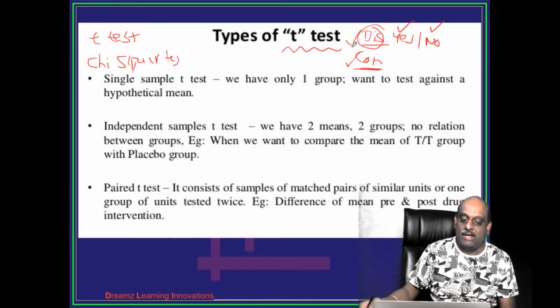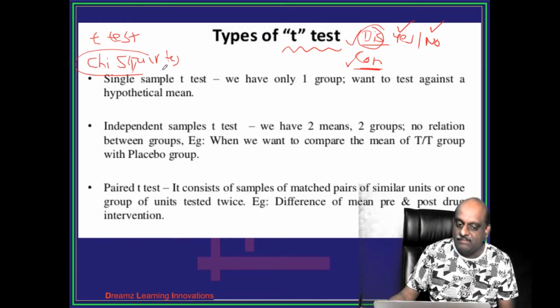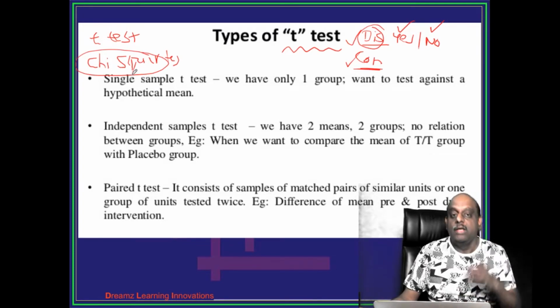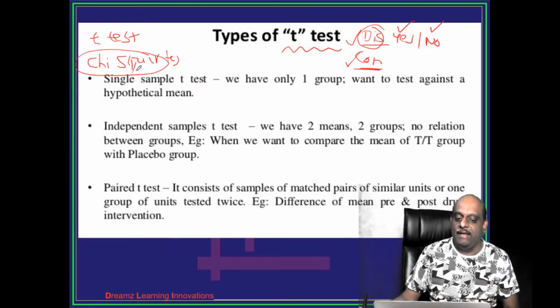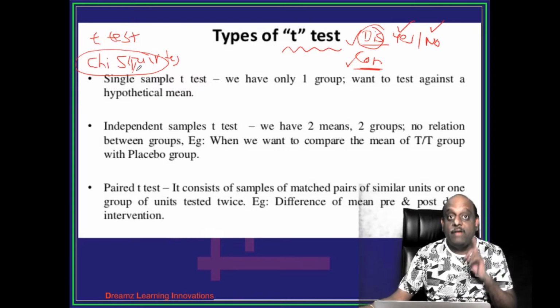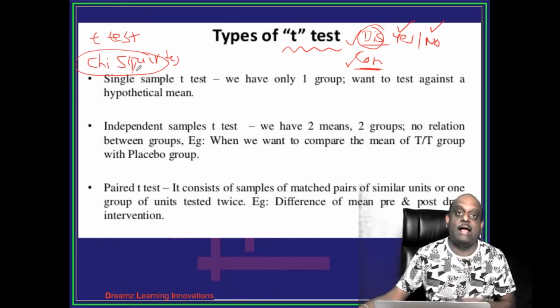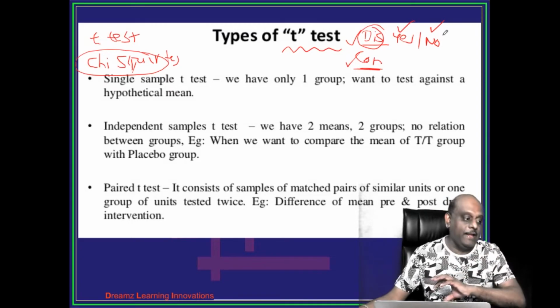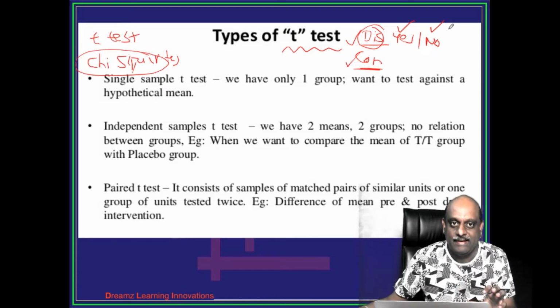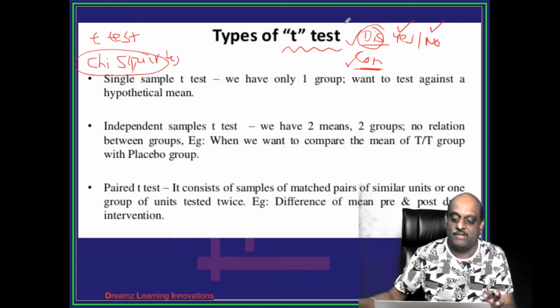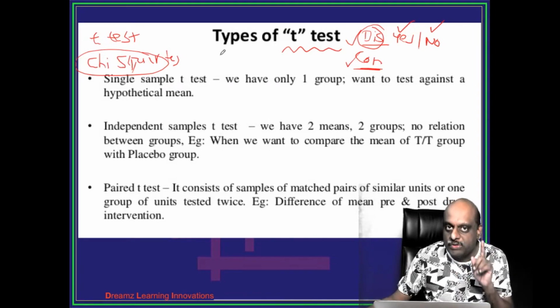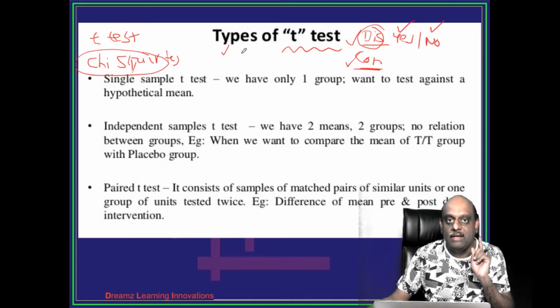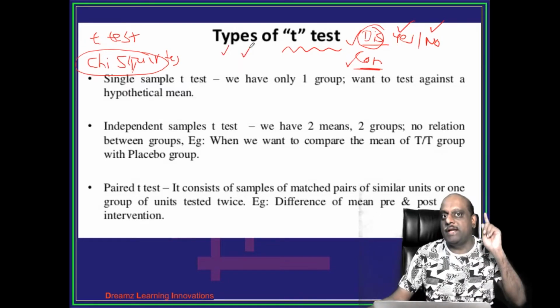There, you will use the chi-square test. Chi-square test is basically used when the variable is a discrete variable where the answer is yes or no, and you are trying to compare the proportions. Proportion of people who said yes in this population versus the proportion of the people who said yes in the other population.